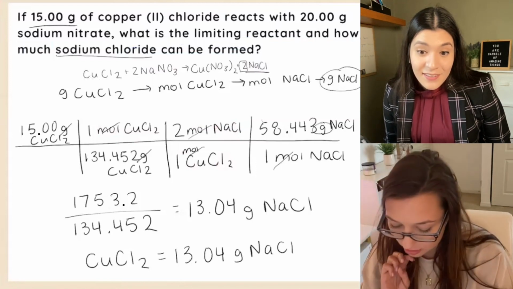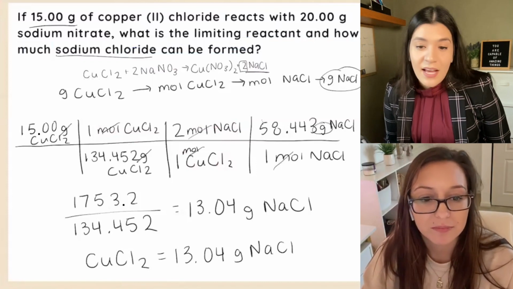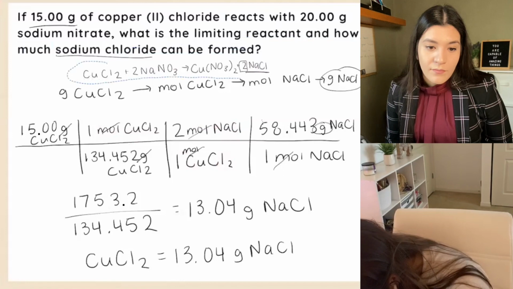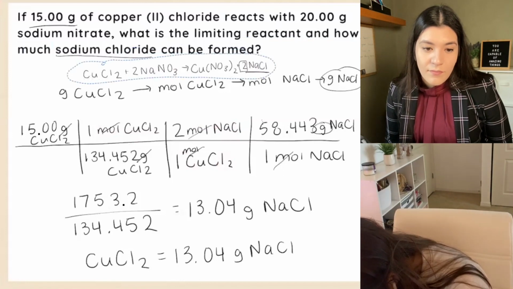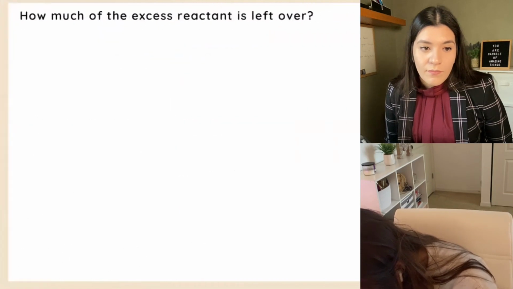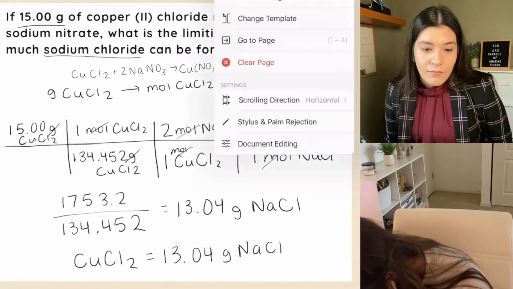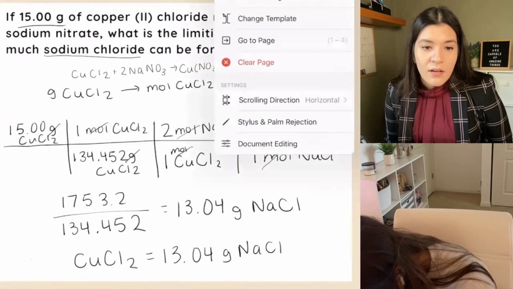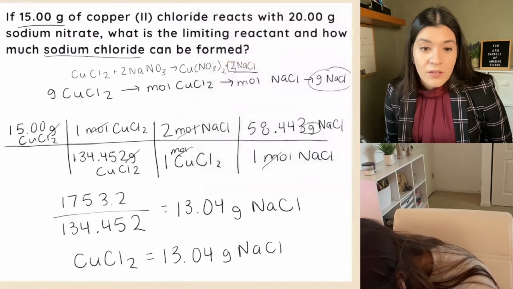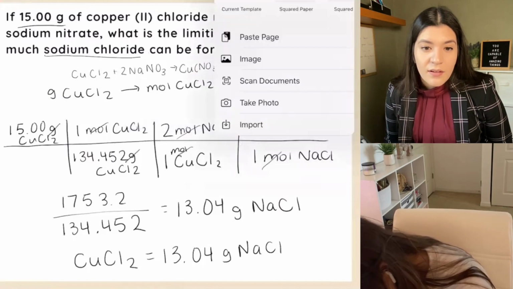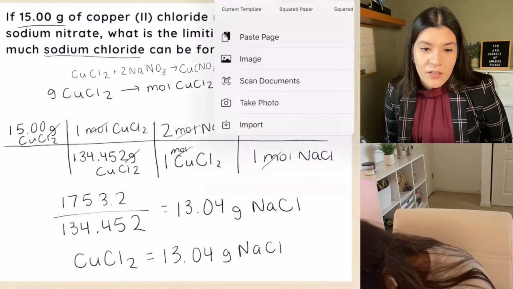Can I just add a page so that I can keep my work for the first part? That's totally fine. You can't just duplicate the page? Oh, can I do that? Copy page on the very top, and then it should let you paste page.